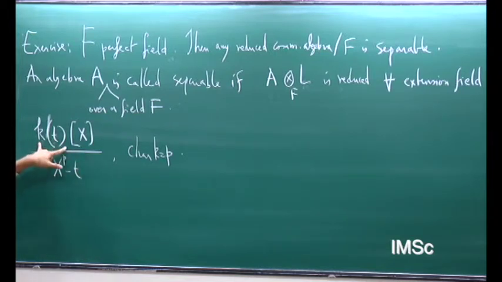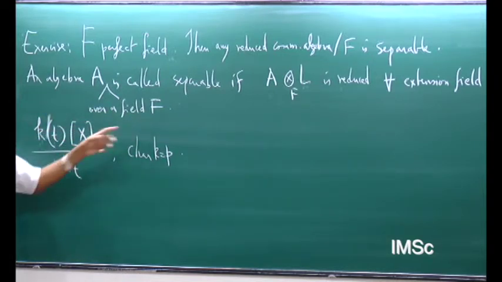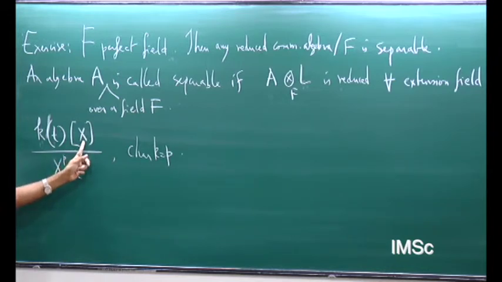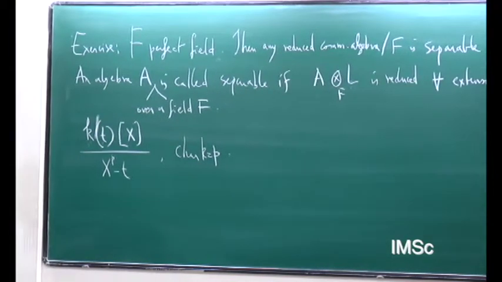That is my base field, this becomes my F, and I adjoin X, a polynomial ring in one variable, and go modulo x to the p minus t. This is a finite dimensional algebra over this field, of dimension exactly p, because 1, x, up to x to the p minus 1 is a basis for this.